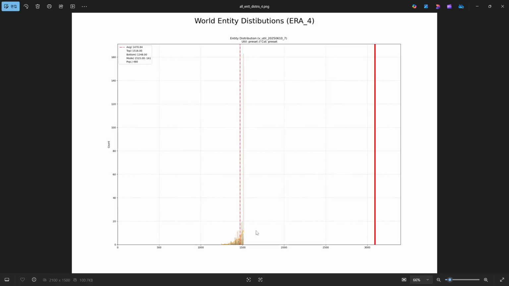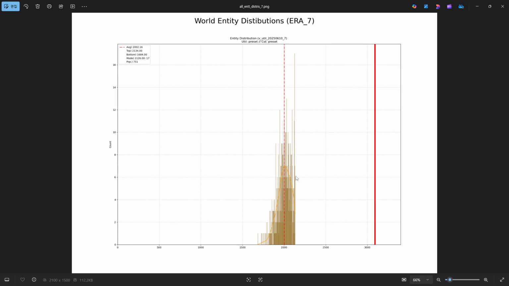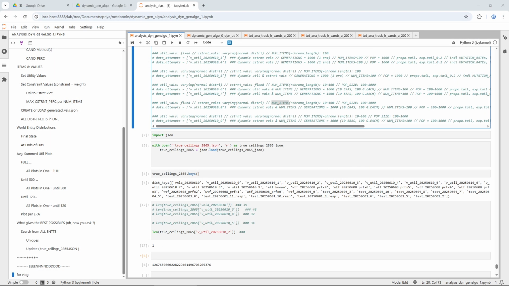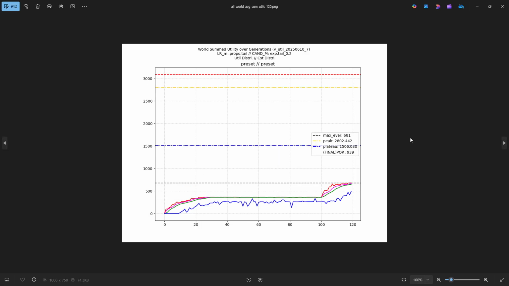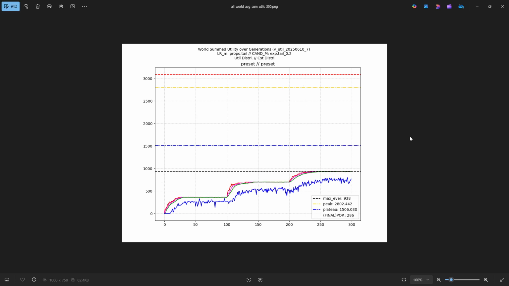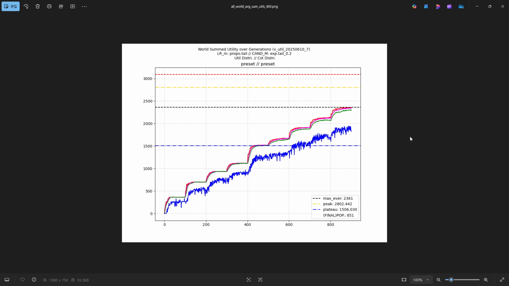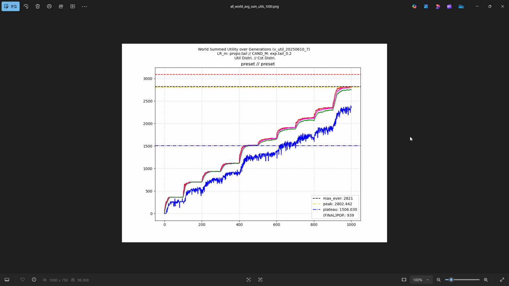So we're still very familiar with this. Yep, quite familiar. And the sum utility plot, second era, third era, fourth, fifth, sixth, seventh, eighth, ninth, no, this is 10th, so 9th and 10th.